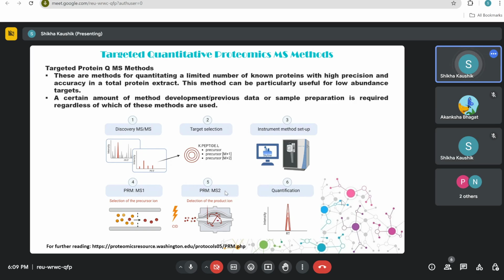For example, if I have serum as a sample, isolated from some cancer patient, serum itself contains some proteins which are abundant. Serum is a sample where you will find more albumin, and such proteins are abundant in nature, so they may mask the presence of low abundant proteins.